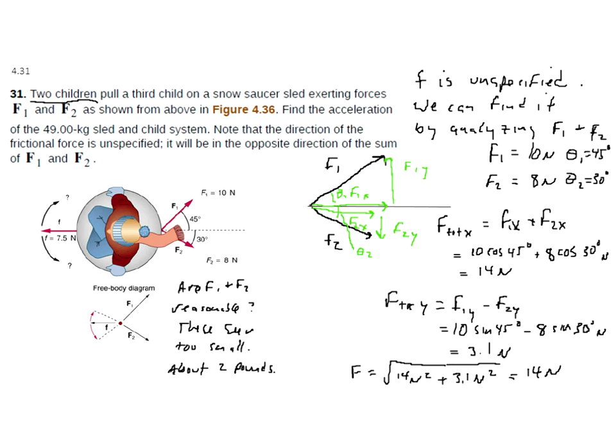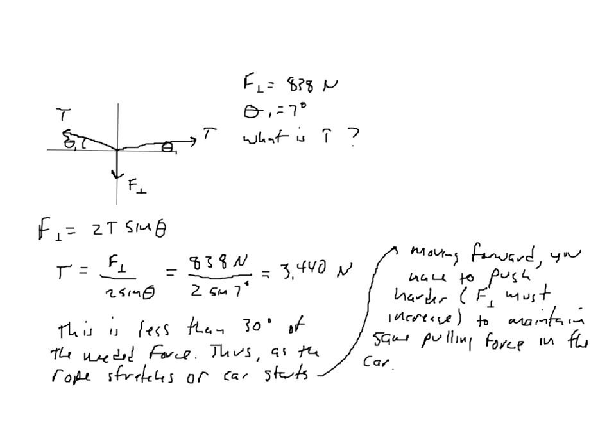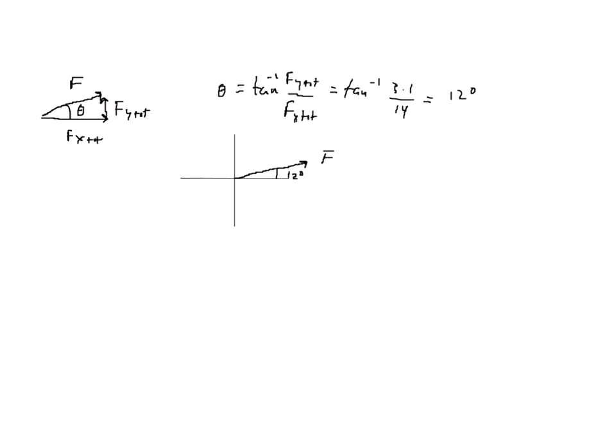So there's F, and that's 12 degrees. And the 7.5 is in the opposite direction. And F is equal to 7.5 newtons. And that's that 12 degrees now below the horizontal.